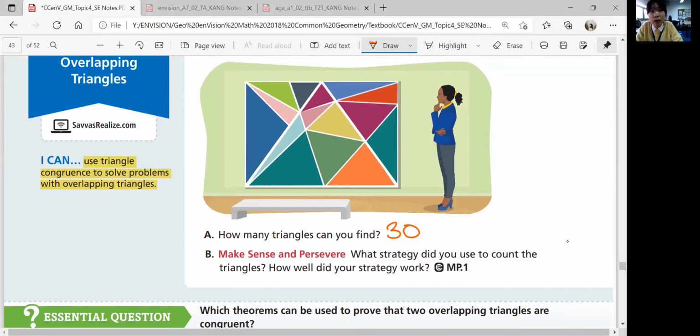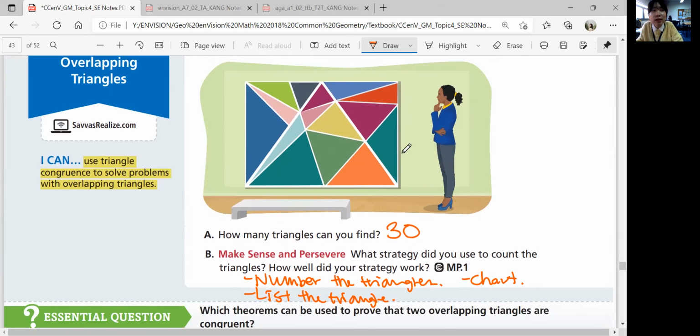You can number the triangles, okay? And then you can list the triangles. And also you can make a chart of triangles that you counted.